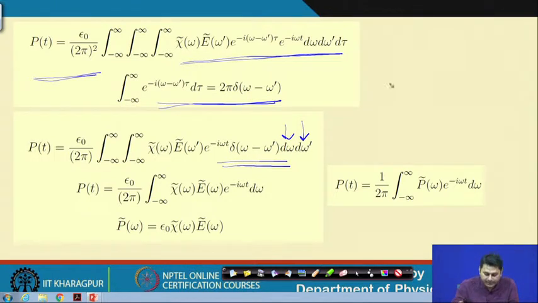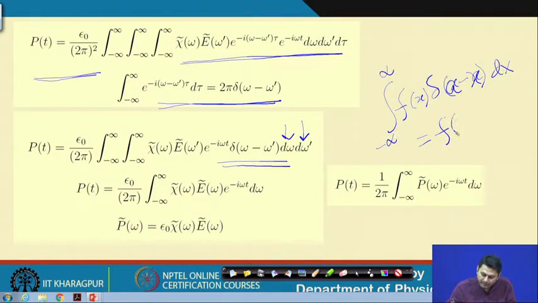We know that if I have some function of x, and there is a delta function delta (x minus a), and I integrate it over dx from minus infinity to infinity, then I will eventually have the function of a. Here we are using the same principle: when we integrate, all the omega prime will be replaced by omega, and this integration will be gone.